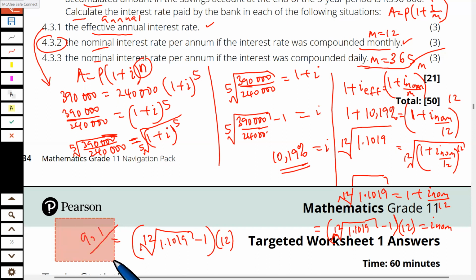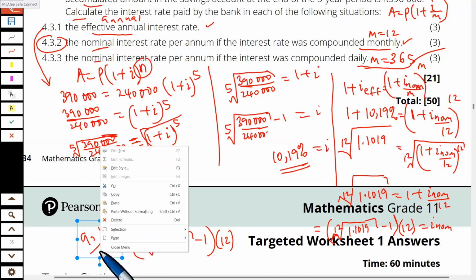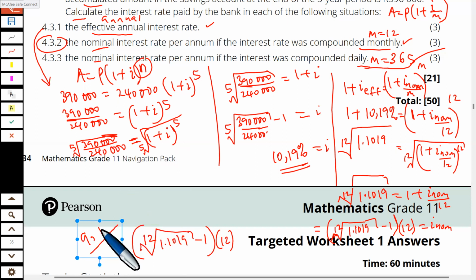I want to see where your calculator is not giving you the correct answer, because you must rectify it today, right now, because I want to see if you are able to do the 12th roots, you know? Okay, so you have the 12th root, then you have that.